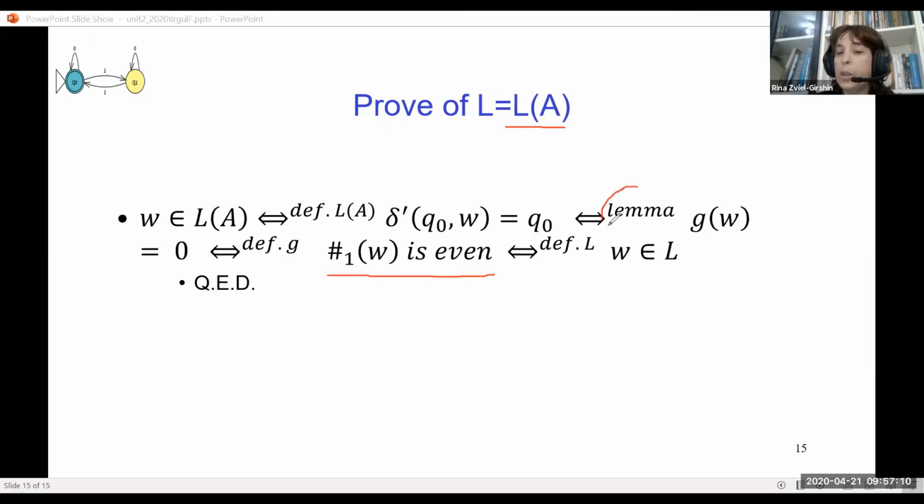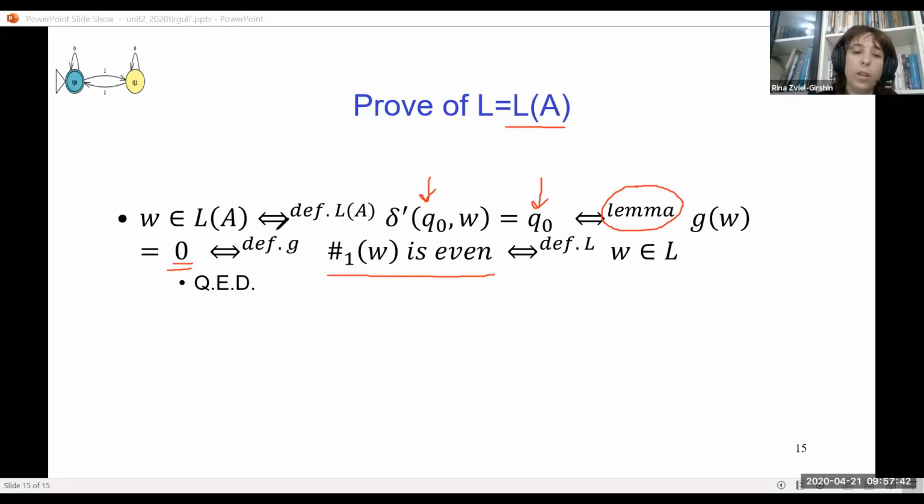So I start currently with the word, and I will use this lemma. The lemma was important because I'm using it here in my proof. I start with the word W belonging to the automaton. The meaning that the word belongs to the automaton is that if I start reading it in Q0, I finish reading it in Q0. According to the lemma we just proved, the meaning that W is accepted by my automaton is that W has an even number of ones.